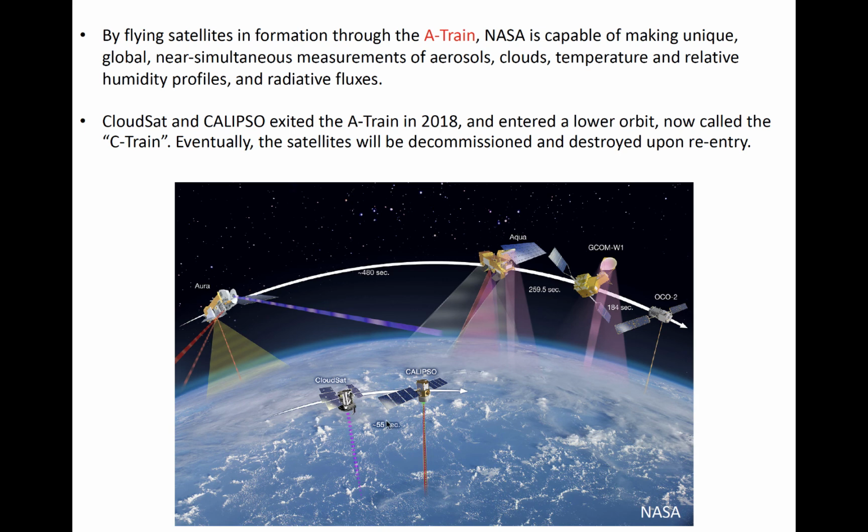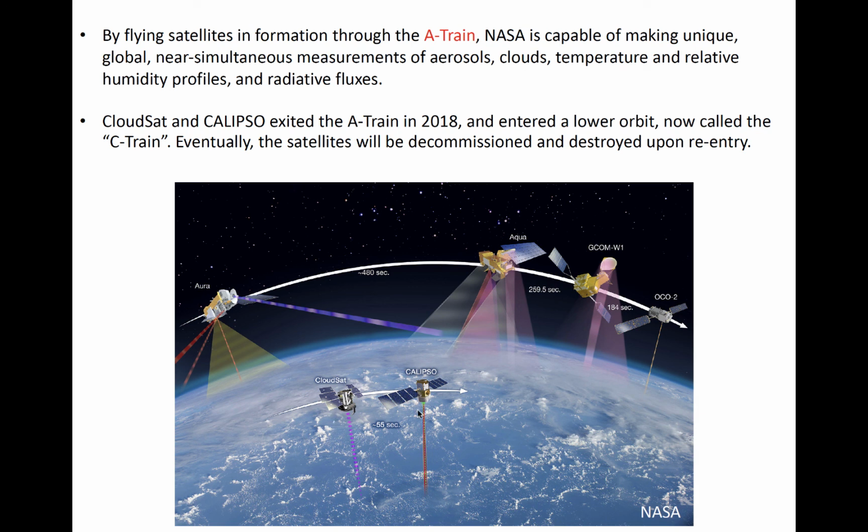The C-Train, which orbits at a lower altitude, consists of 2 active sensors, CloudSat and Calypso, which used to be members of the A-Train. You can see the gap where they used to be. They've been moved to a lower orbit in preparation for their eventual re-entry into Earth's atmosphere at the end of the lives of each platform.